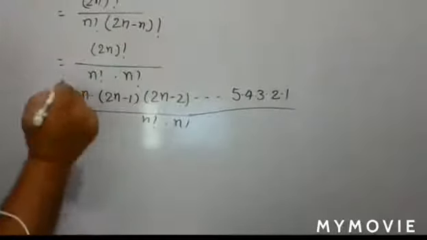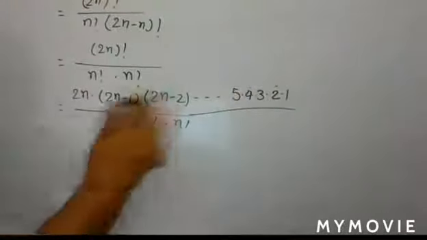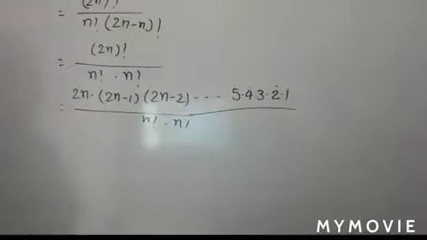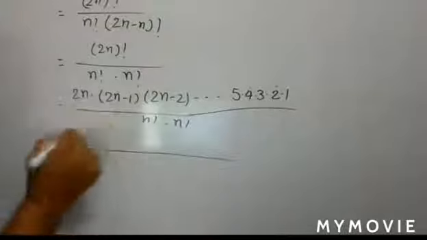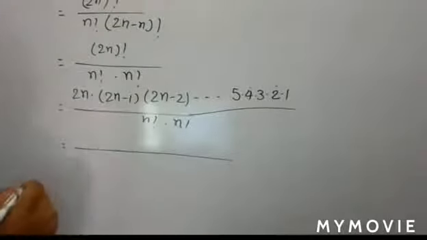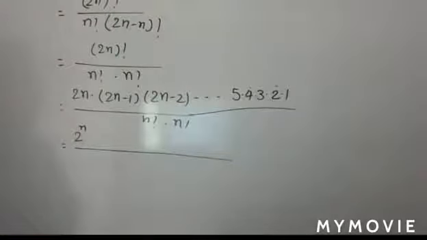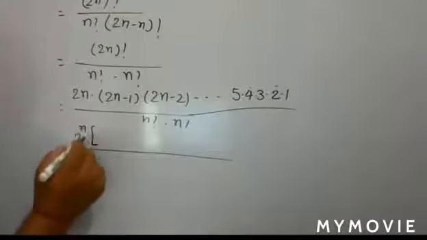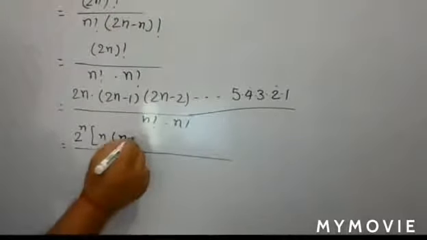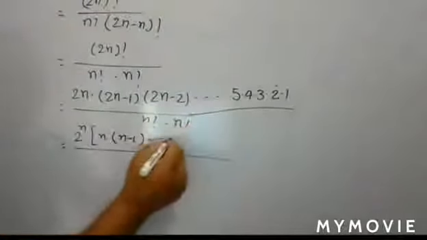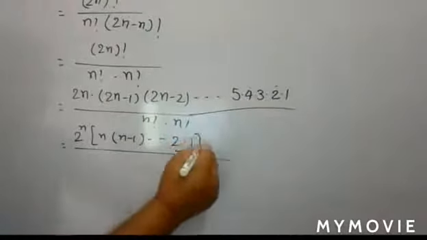So first of all, you make 2 common from each of the even terms. The even terms are 2n, 2n minus 2, up to 4 and 2, and the total number of even terms is n. If you take 2 common from the even terms, you have 2 to the power n, and what is left is n, n minus 1, and in place of 4 you have 2, and in place of 2 you have 1.